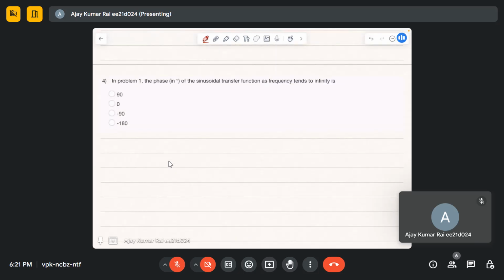In problem 1, the phase of the sinusoidal transfer function as frequency tends to infinity. So I'm writing 0.05 times (s plus 1) over (s over 2 plus 1) times (s over 10 plus 1).